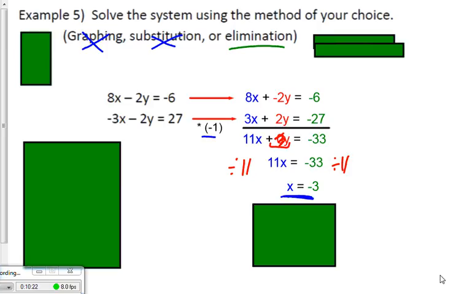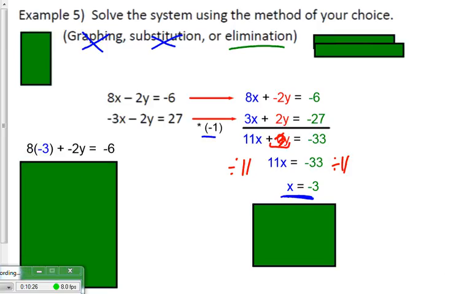Just like before, take that x value, plug it into one of our equations. Doesn't matter which one, I happen to use the top. So instead of 8 times x, I'm now using 8 times negative 3 plus that negative 2y equals negative 6. Again, I changed this minus 2y to plus negative 2y, just because I think it's easier to keep things together like that. I'm adding on negative 2 times that y value.